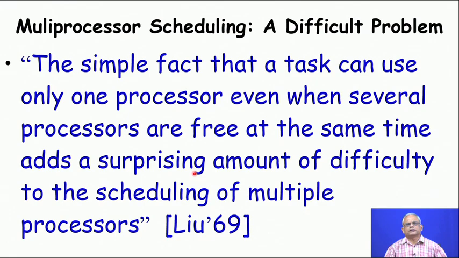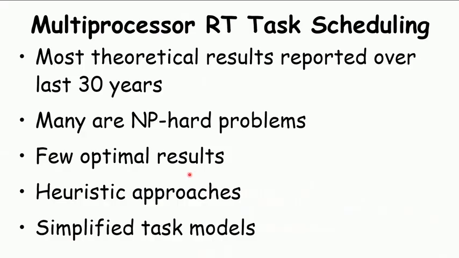Now, let us see what the difficulties are, and we will look at some simple algorithms. We will not spend too much time here, because this is a large topic, and we will not discuss it in depth. We will just look at some simple strategies for scheduling on multiprocessors.